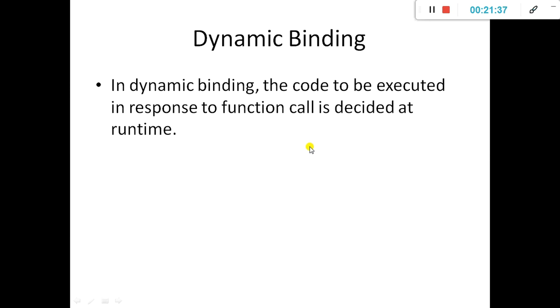And the last and very important feature of object-oriented programming languages is dynamic binding. In dynamic binding, the code to be executed in response to a function call is decided at runtime. What do you mean by at runtime? Now for example, I am your school teacher and I have given different tasks to different students in the class.